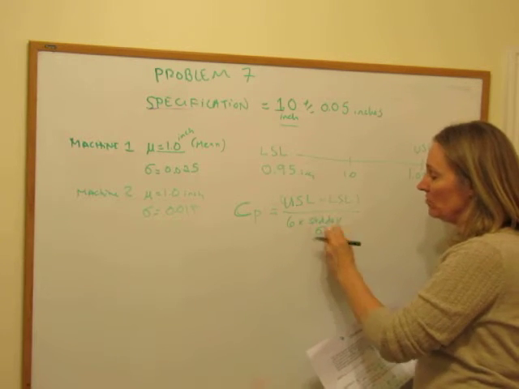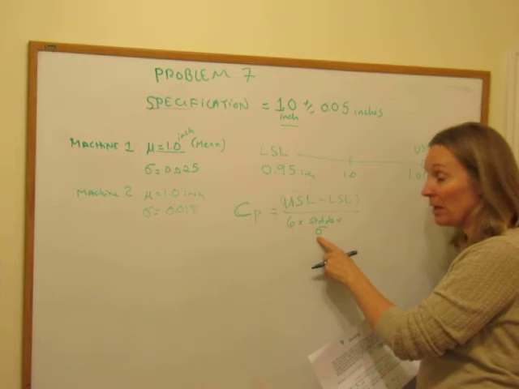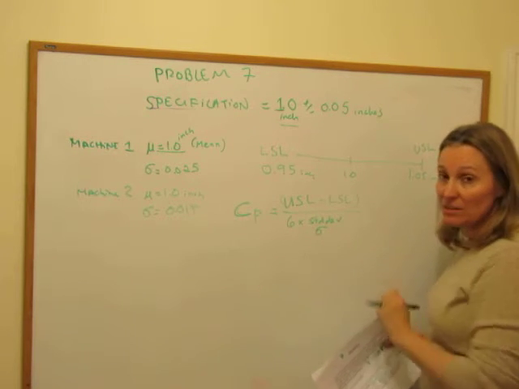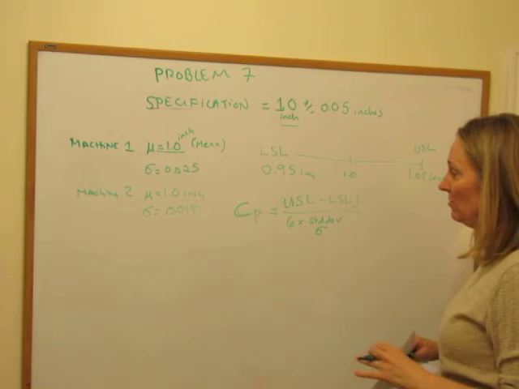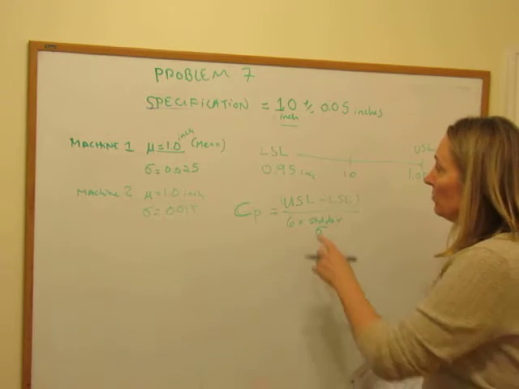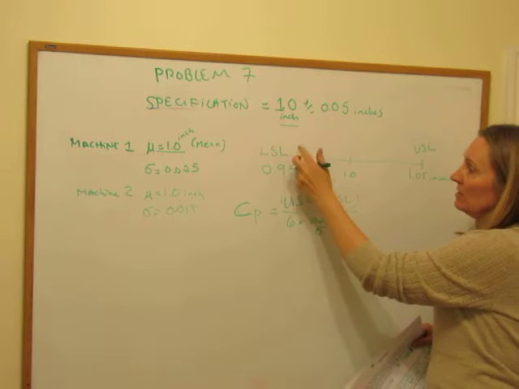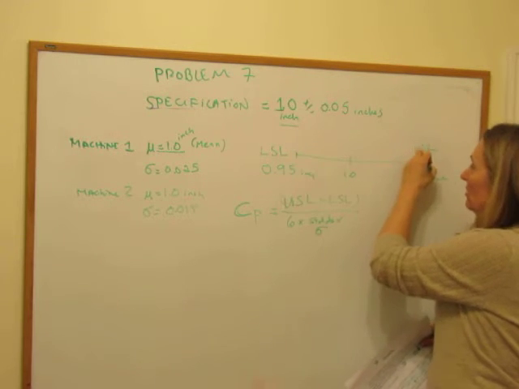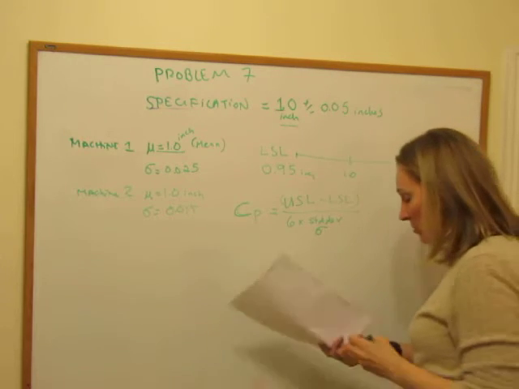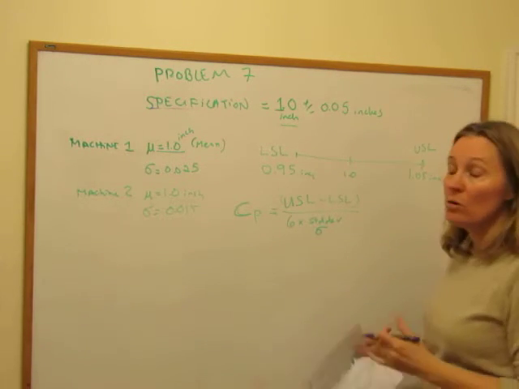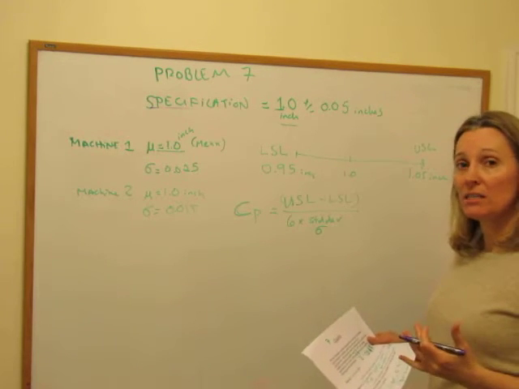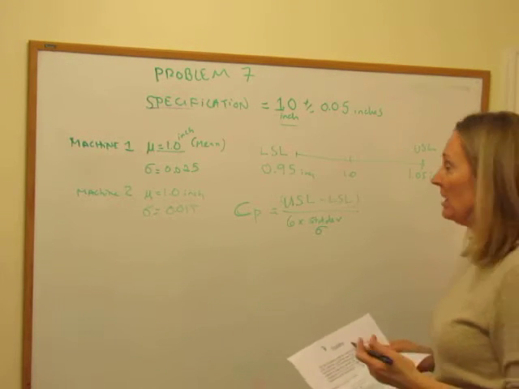Sometimes this is written with the Greek letter sigma, which stands for the letter S in the Greek language for standard deviation. And so if this is the numerator, the distance between the lower specification limit and the upper specification limit, what we're doing is we're comparing that distance with the distribution of product made by this process.